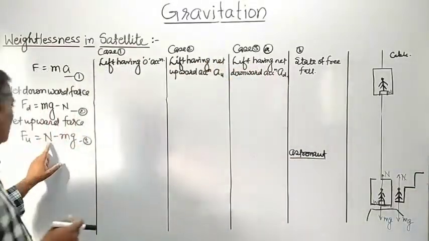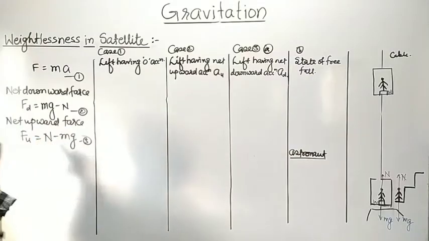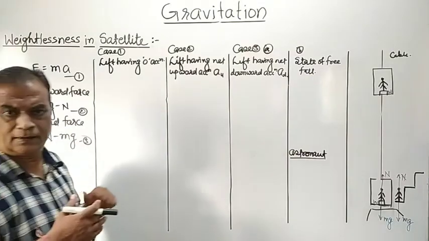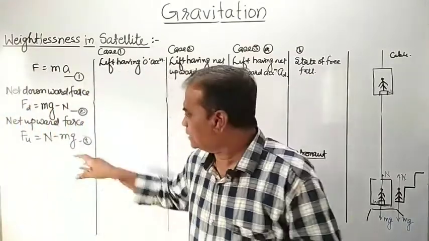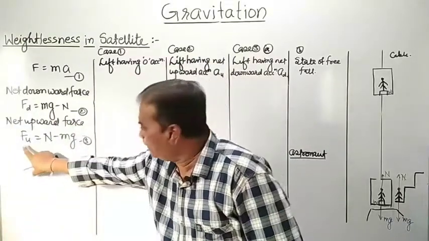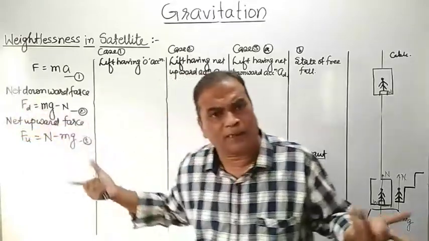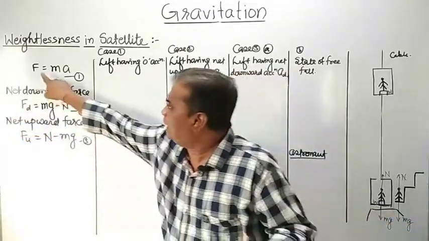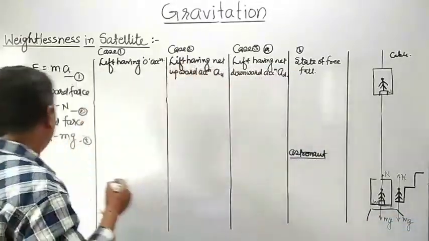And as far as this normal reaction is concerned, it is a relative quantity. Normal reaction N is equal to F minus mg. F may be F upward, F may be F downward. It means this F may be ma.